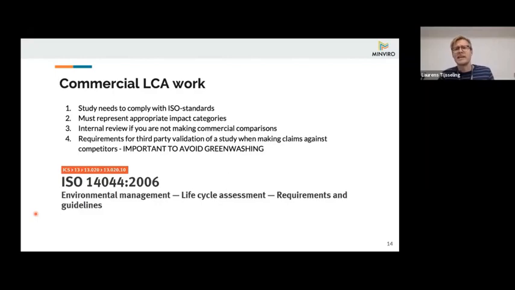Actually, yesterday I spoke to a company that did a life cycle assessment study for their nickel sulfate, and the man that worked for the company specifically said you must have your study done by a third party, to make sure that the data is interpreted correctly and to avoid relevant data not being included.